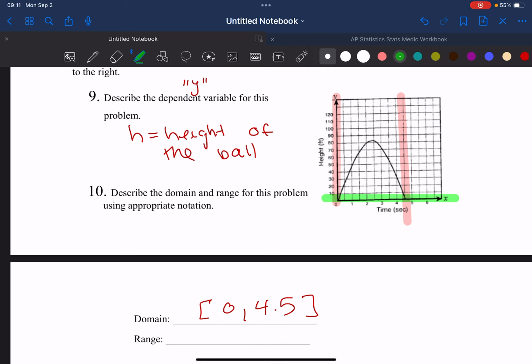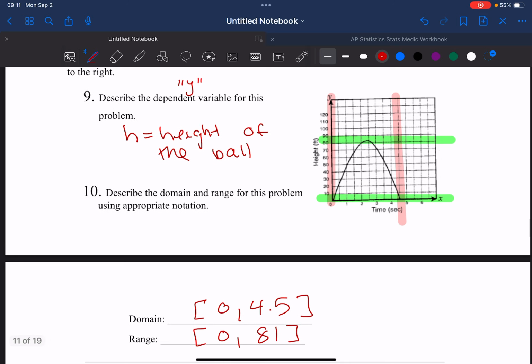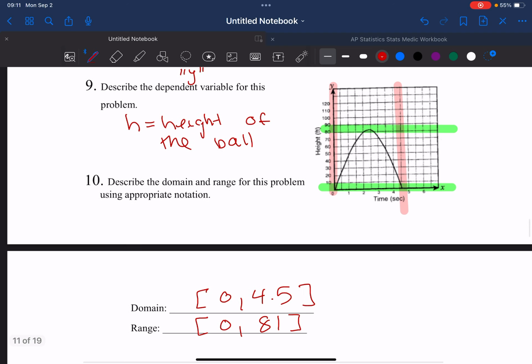If we look at the top, it looks like the maximum that the ball reached was about 81, 82. We have to take an educated guess there because it's not on an exact point. So I'm going to say that the range was 0 height from the beginning, and it got all the way up to about 81 feet. So that would describe the domain and range of that function.